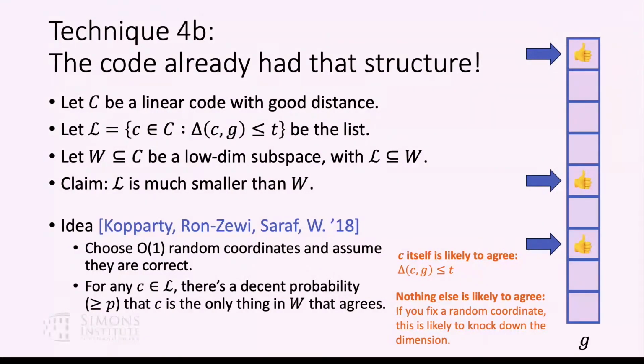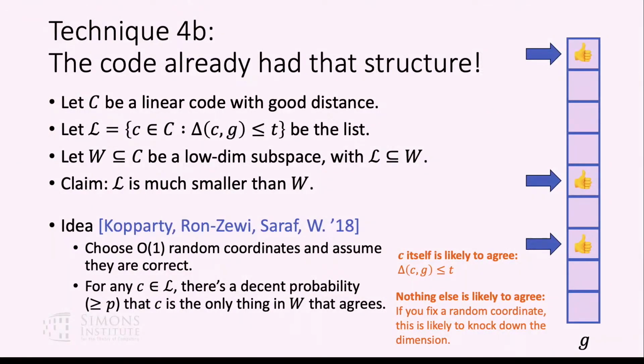And you can use that to show that basically every time you grab a random position and fix it, you're cutting down the dimension of your solution space by 1. You can show with high probability this is going to knock down the dimension of your solution space because of the distance. So you have a constant dimensional space to start with, and if you knock it down a constant number of times, you won't have any degrees of freedom left. So C will be the unique thing in that list.